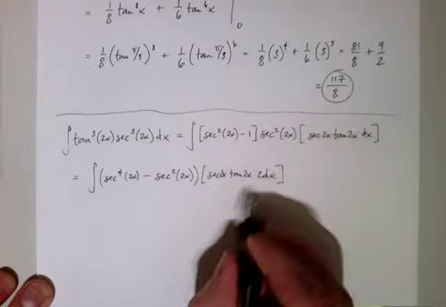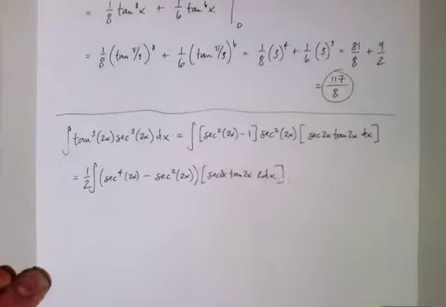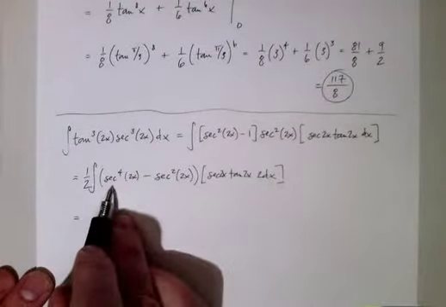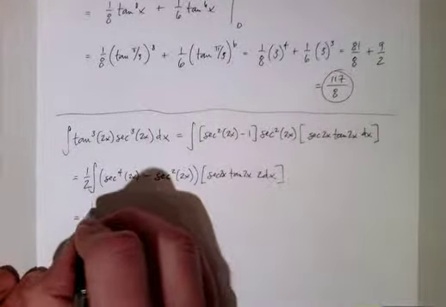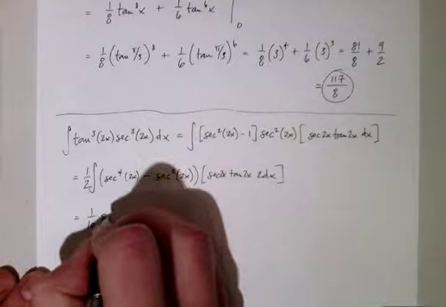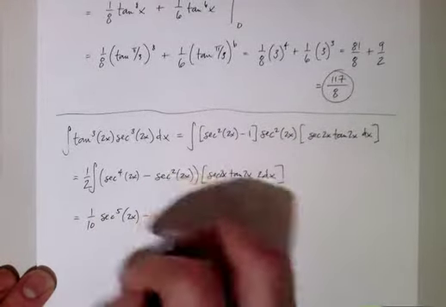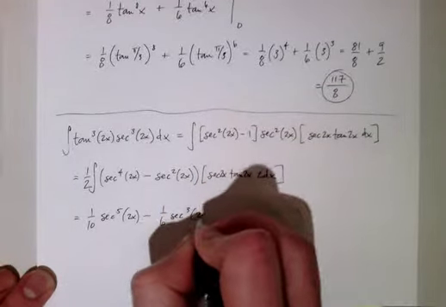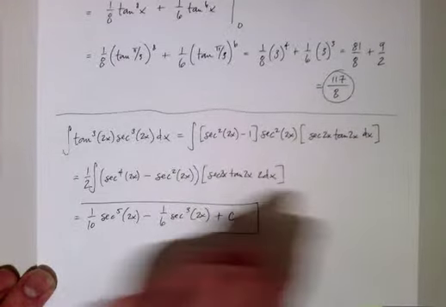Well, that 2 needs to be countered, of course, with a 1/2 out in front. And so what I'm going to get here is u to the fourth becomes 1/5 u to the fifth, it becomes 1/10 secant to the fifth 2x. Okay, this becomes 1/6 secant cubed 2x, and that winds up being plus c.